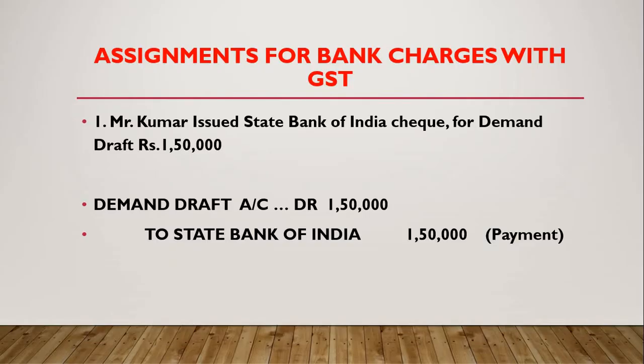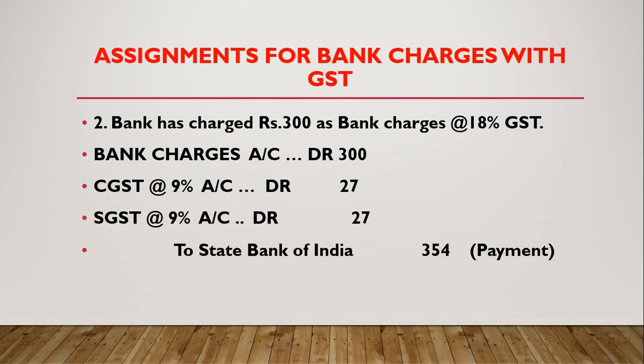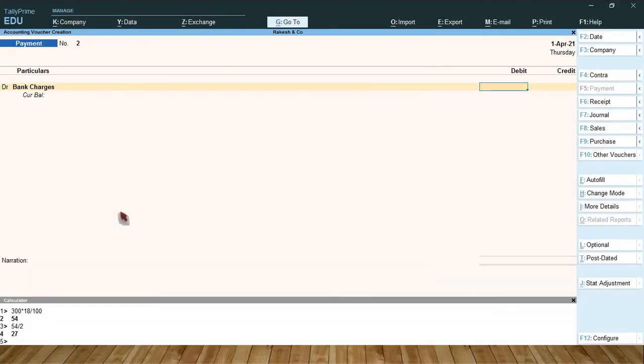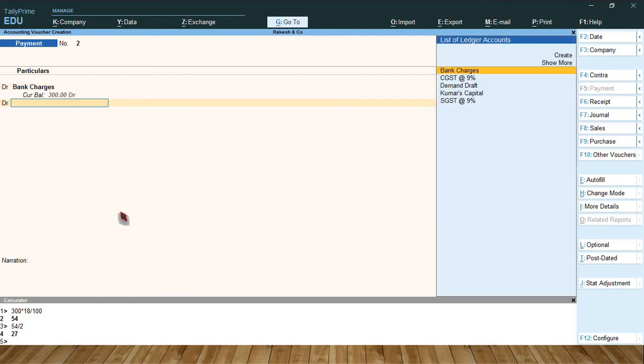So next, the second entry, this is our topic entry. The bank has charged rupees 300 as bank charges at 18% GST. In the same payment voucher, select bank charges 300, press D for getting one more debit entry, CGST.